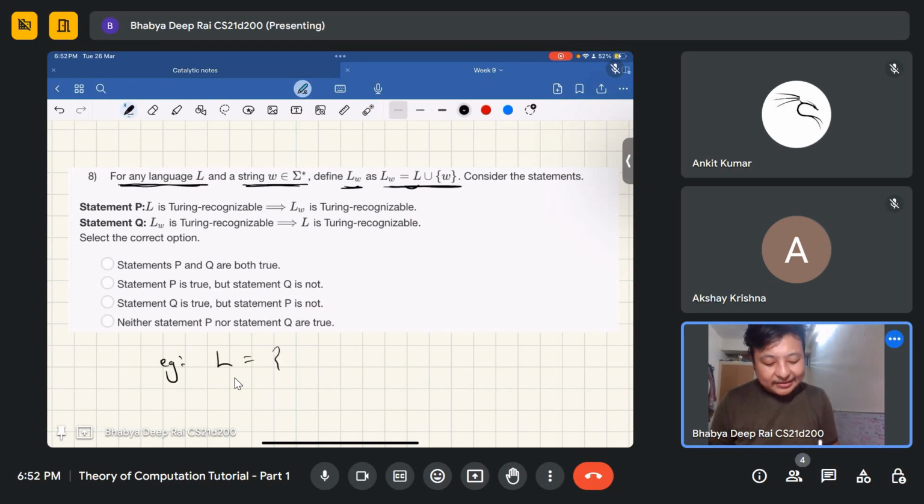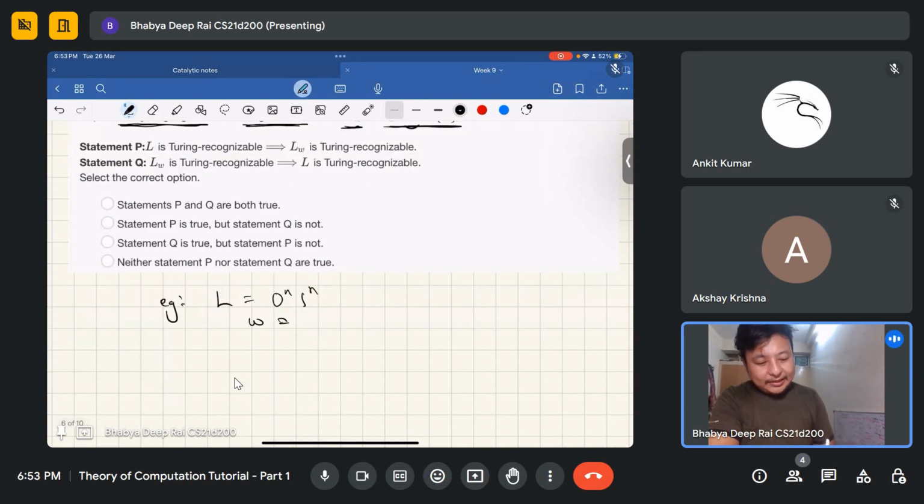Say L is 0 to the n, 1 to the n. And W is say 010. So LW will look as follows.